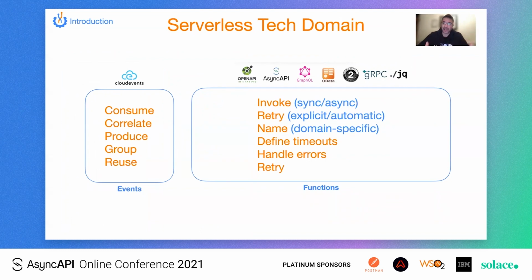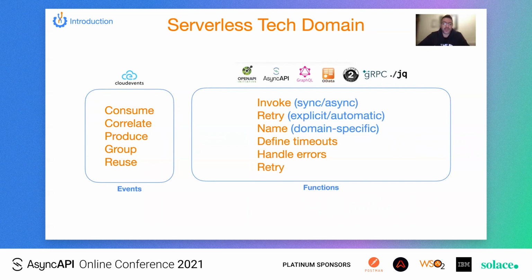So every DSL out there has to conform to some sort of technology or fit in some sort of technology domain. And for serverless workflow, we are in the serverless tech domain, meaning that we really focus on things like defining events and also function invocation.